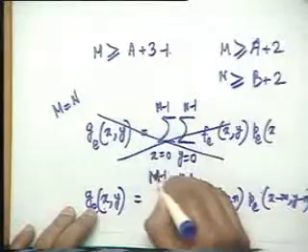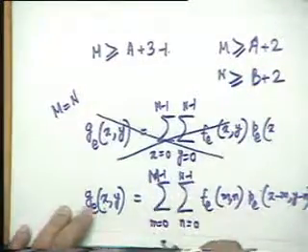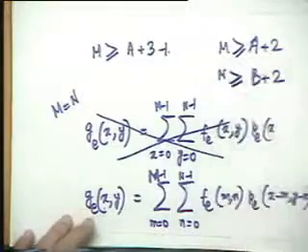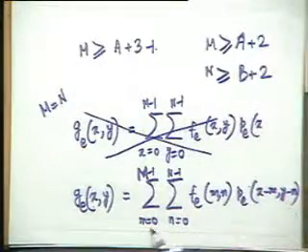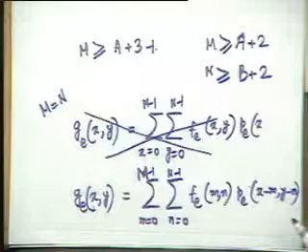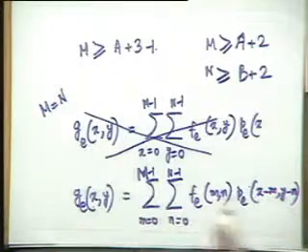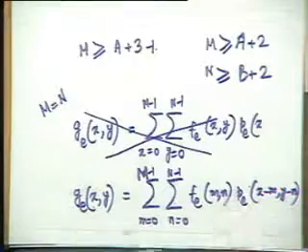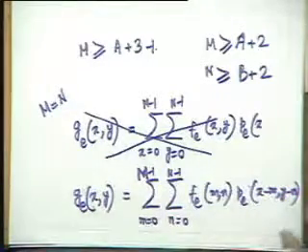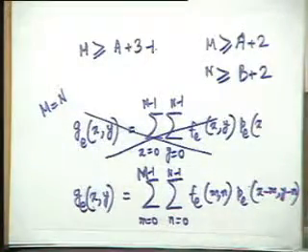Let us take the extended image size to be m by n only, then it goes from m equal to 0 to capital M minus 1. Anyway, since this is the expression for the convolution, we can now represent this in a matrix form.